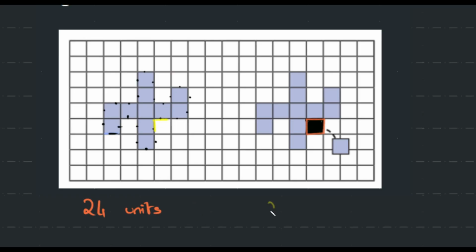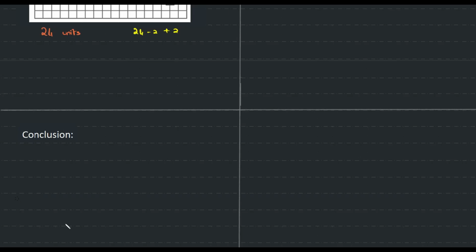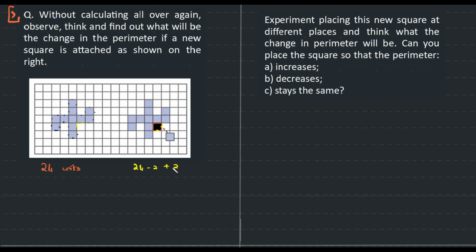So this will be 24 minus 2, but it's exposing new sides. So this will be plus 2. So this in turn gives us 24 itself. So in this case, what is happening? Till now we saw that perimeter was changing while the area remained the same. But in this case, what is happening?